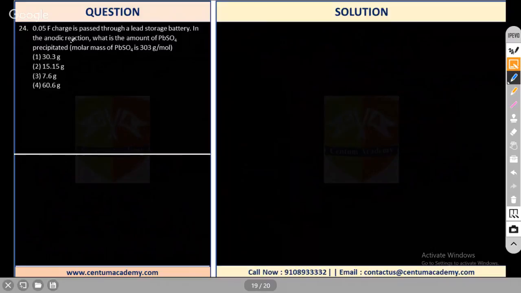Okay, this is question number 24. If you have the same paper, it should be question number 24. By mistake, I have taken question number 24 here. So we'll solve this one only.